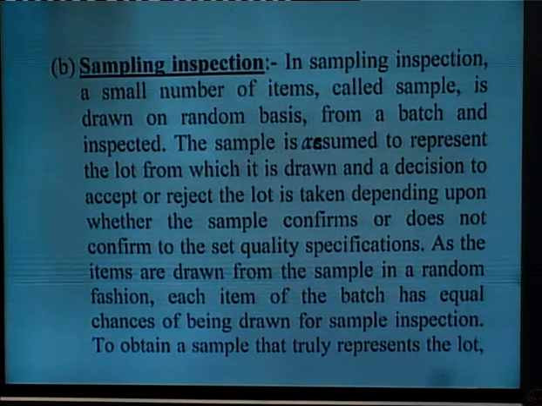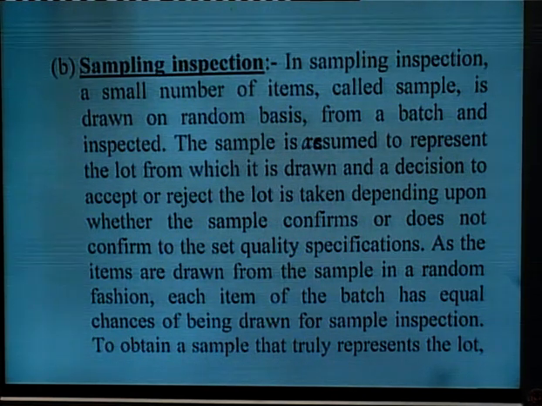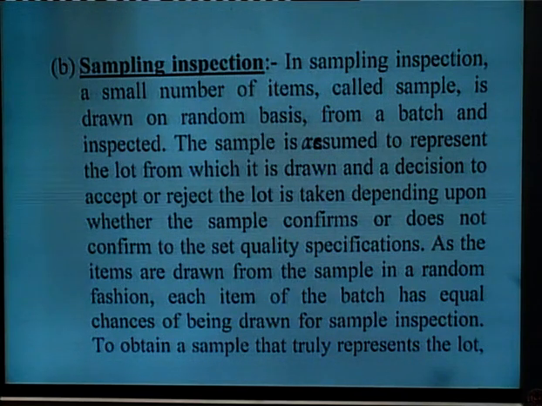Then comes sampling inspection. In this sampling inspection, all the objects are not inspected, only a part of it is taken. These are inspected and results are implemented on the rest of the pile. In sampling inspection, a small number of items called a sample is drawn on a random basis from a batch and inspected.